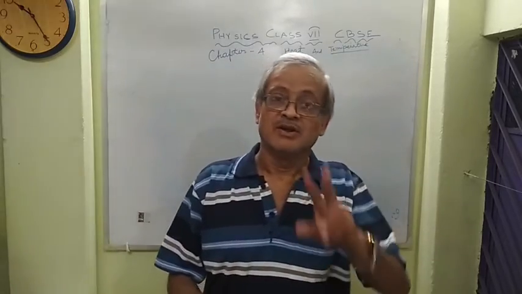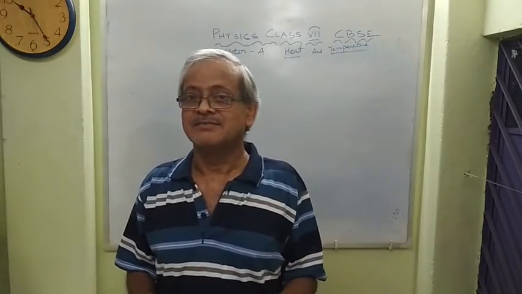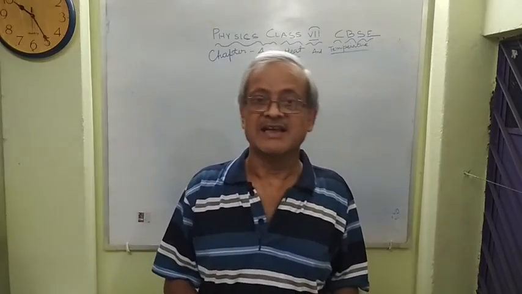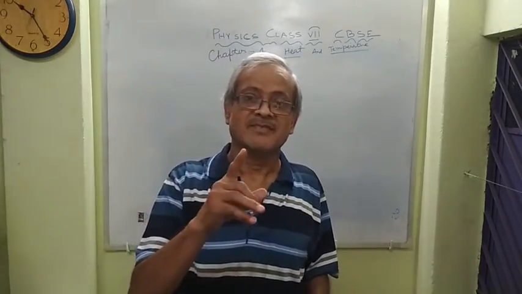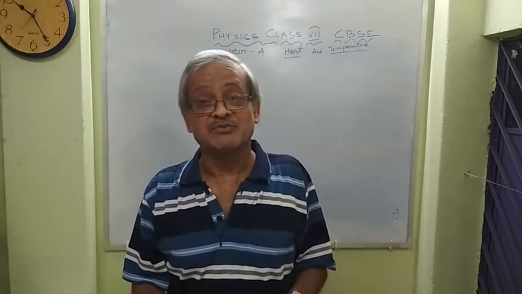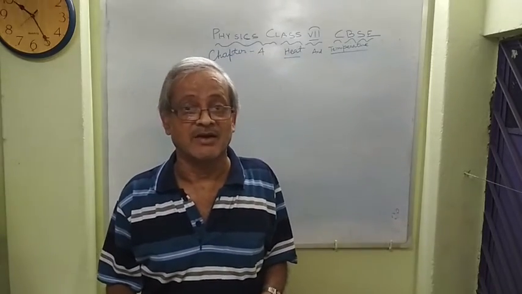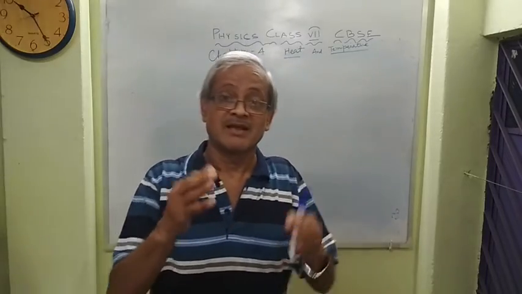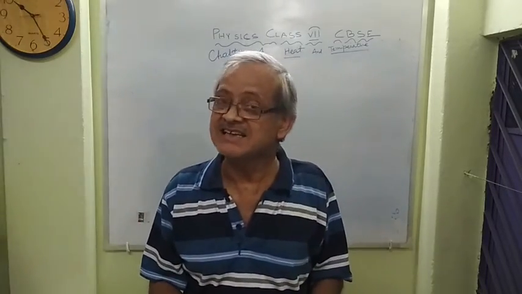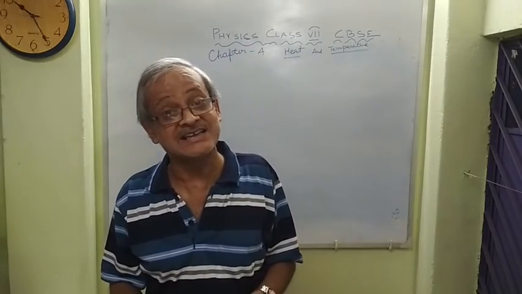Now, we will discuss in later lectures that two types of thermometer are used in our daily life. One, laboratory thermometer, whose range is minus 10 degrees Celsius to 110 degrees Celsius.